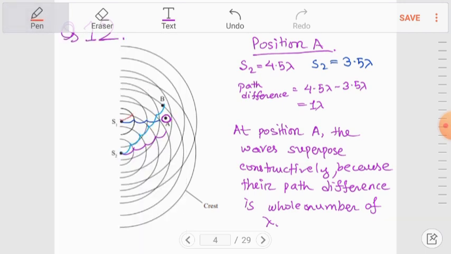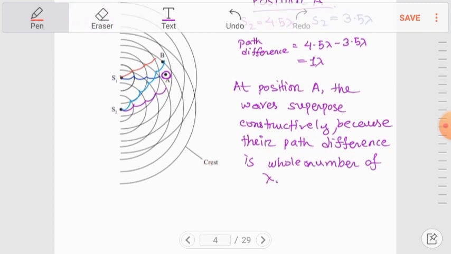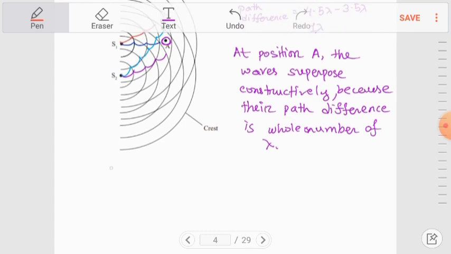So 1, 2, 3, 3.5. So position B is 3.5 wavelengths from source 1. So let us write this information for position B. Position B from S2 is 5 wavelengths, and from S1 is 3.5 wavelengths.